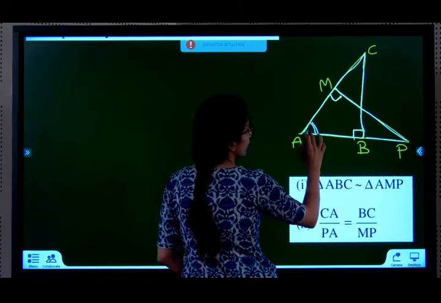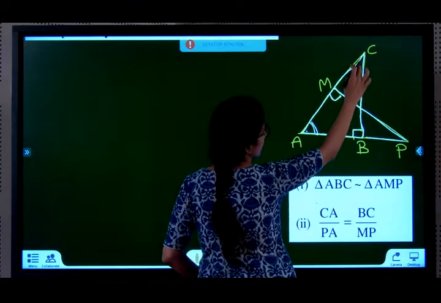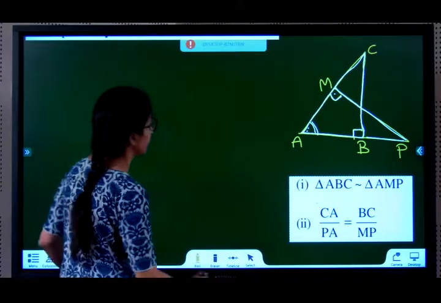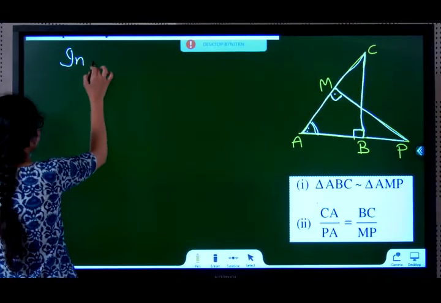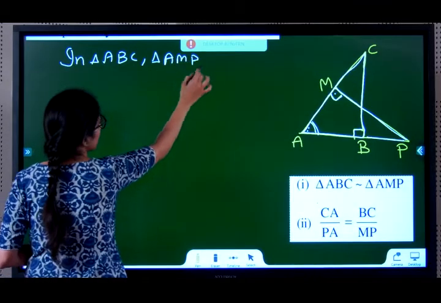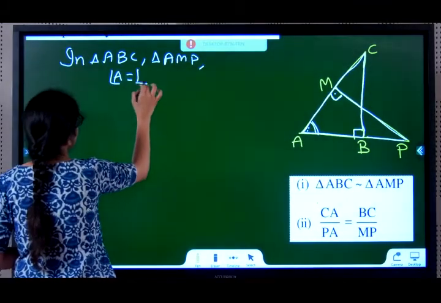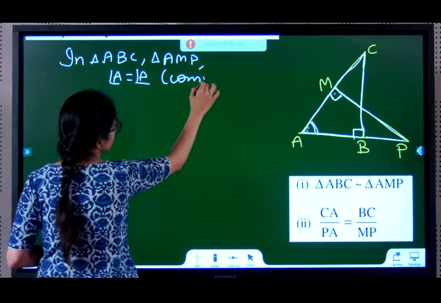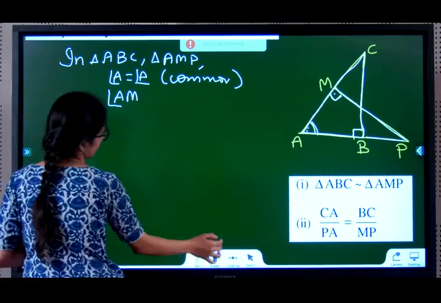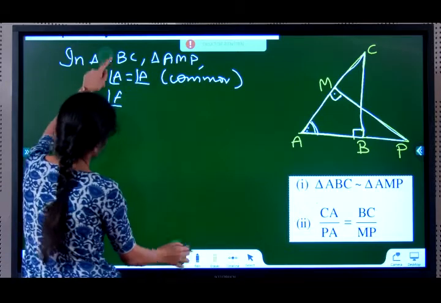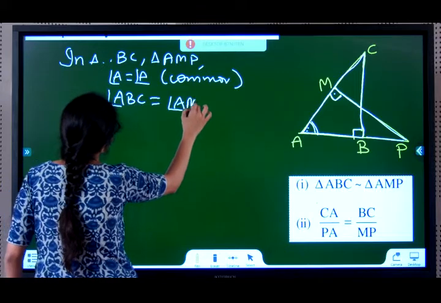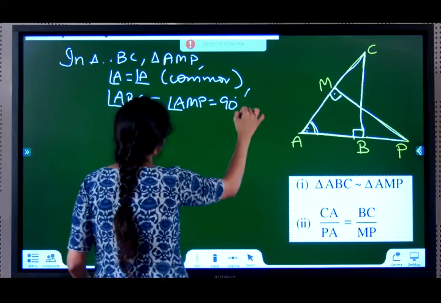Easy. So the first part, in triangle ABC and triangle AMP, angle A equals angle A common, and we are doing ABC first, so write the ABC condition first. Angle ABC is equal to angle AMP equal to 90 degrees, given.